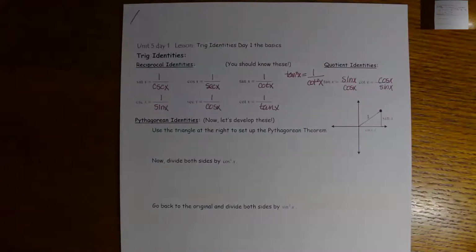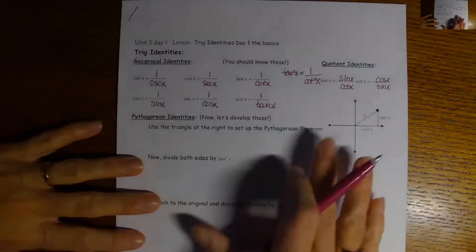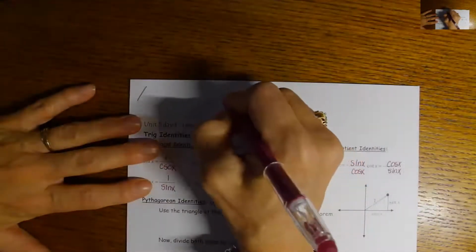So now I need you to memorize 9 equations. Now that's kind of scary. I can get it down to 3, right? And they're really easy. So we're going to build these equations we need, and we're going to see what happens. So what is the Pythagorean theorem? There we go. That's what we're going to do.